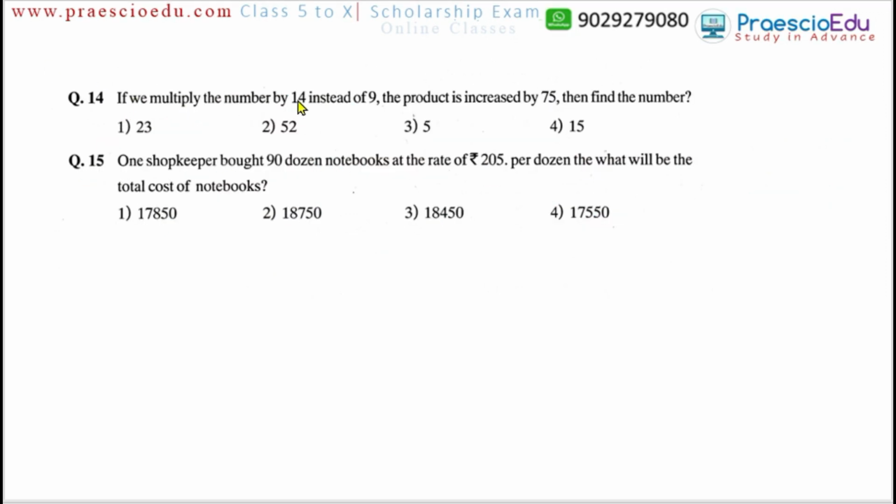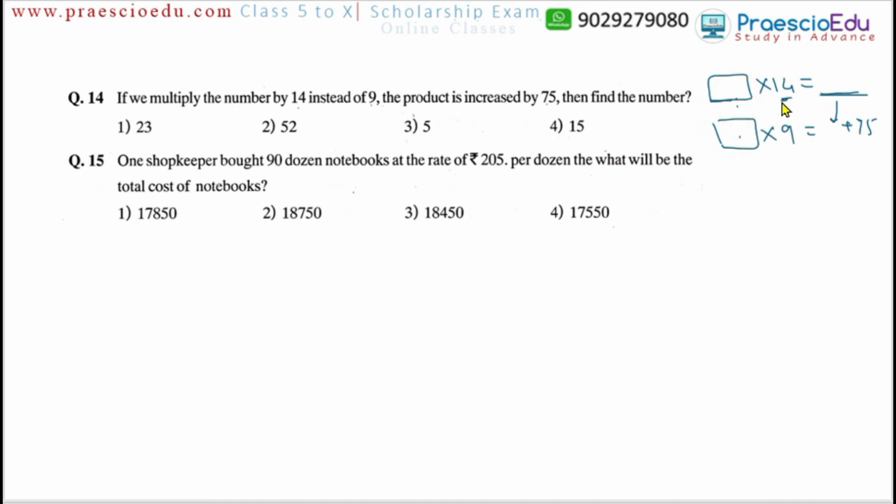Then question number 14. If we multiply the number by 14 instead of 9, the product is increased by 75. So suppose there is some number. Multiply it by 14, the product will be something. But instead of 14 we multiply by 9, so the product will decrease by 75. The number is the same, but the multiplier is different.